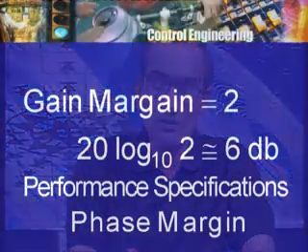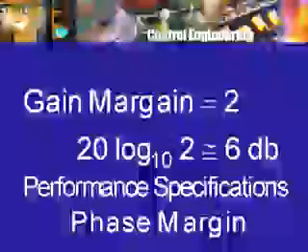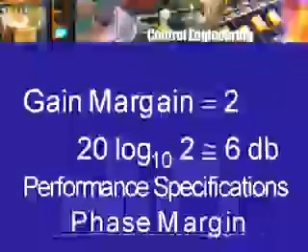And therefore, just as one talks about gain margin because of the possibility of a change of gain, similarly amplifier design people at that time in the 1930s and 40s introduced the concept of phase margin because of the possibility of a phase shift.